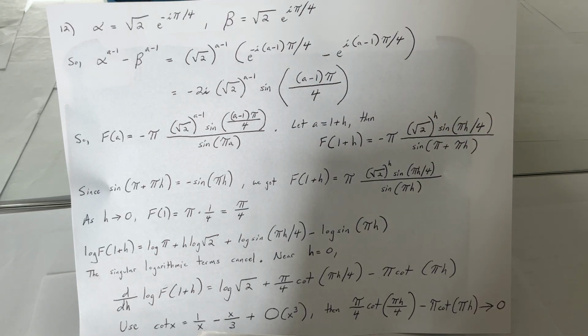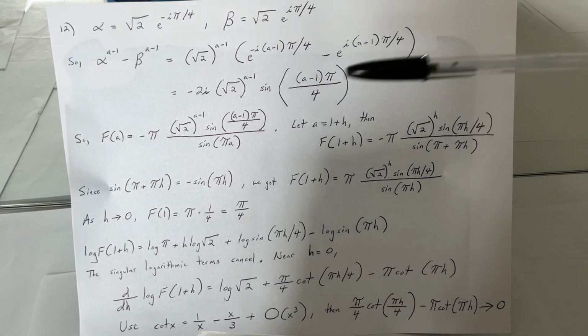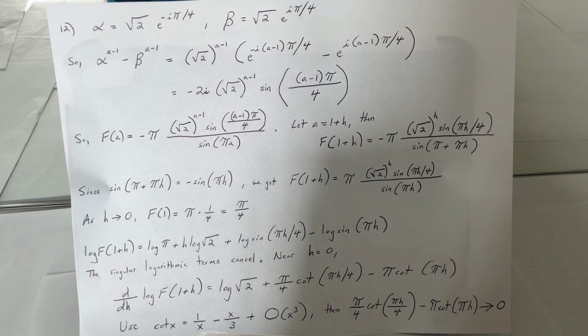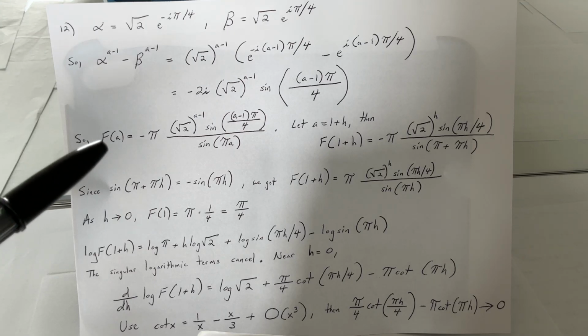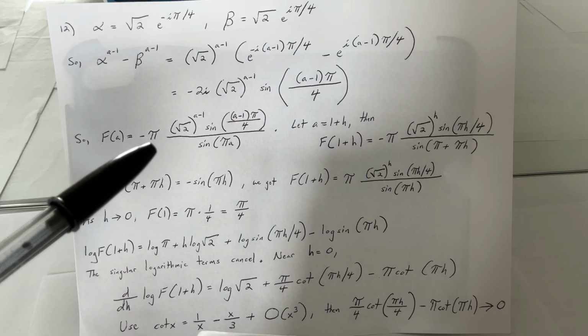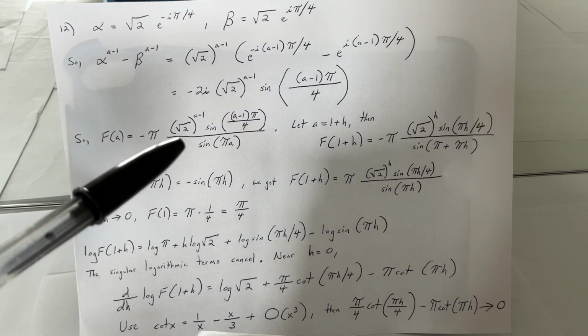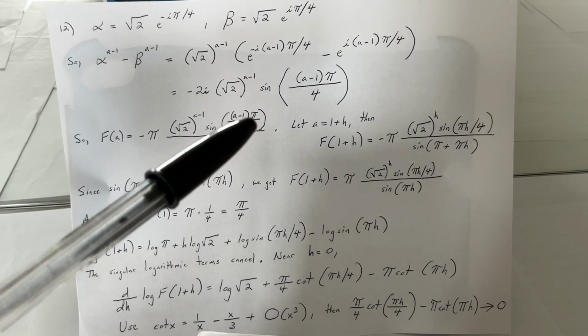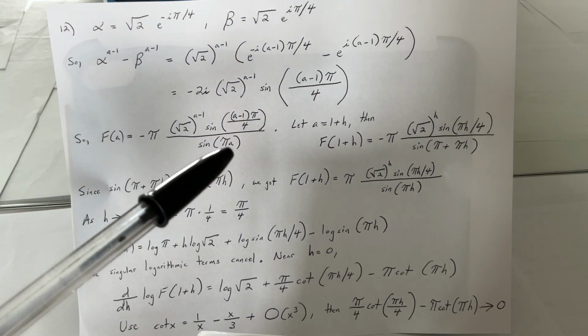That equals negative 2i times square root of 2 to the a minus 1 times sine of the quantity a minus 1 pi over 4. So for f of a, that equals negative pi, the square root of 2 to the a minus 1, sine of a minus 1 pi over 4 over sine pi a.